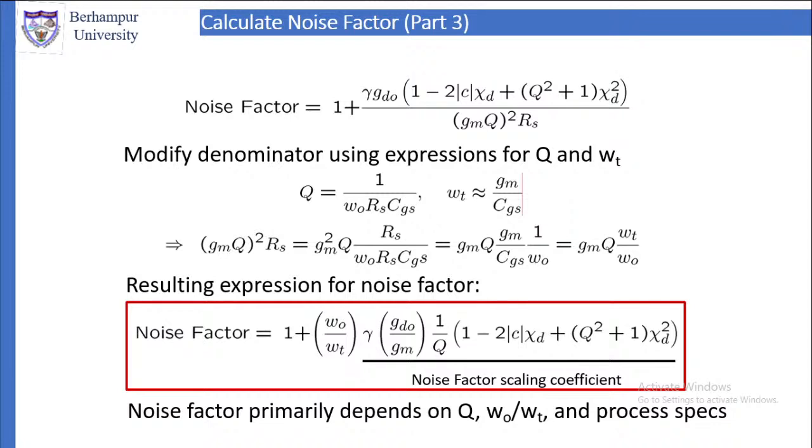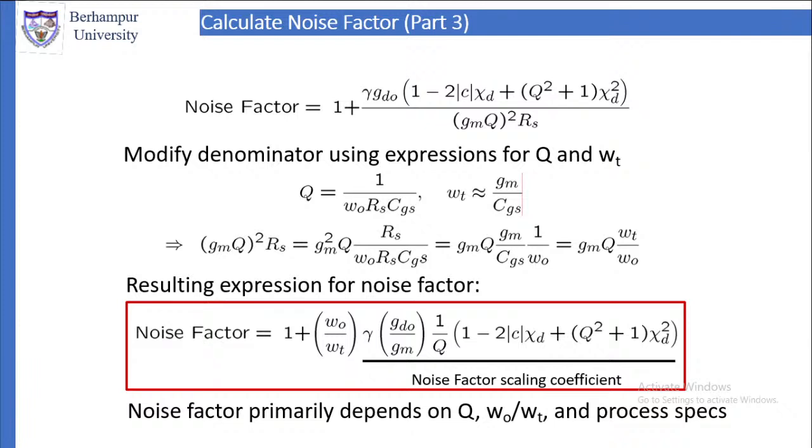Then I will try to modify the denominator using the expressions for Q and omega T. Q you know is equal to 1 by omega 0 into RS into CGS. Omega T is approximately equal to Gm by CGS. Since we know these two, let us rewrite the denominator. Gm into Q square into RS is equal to Gm square into Q into RS.